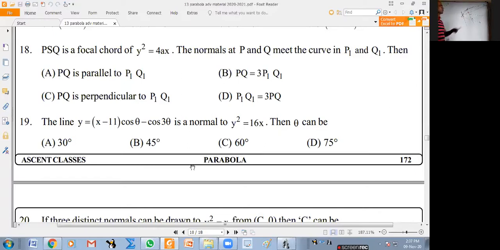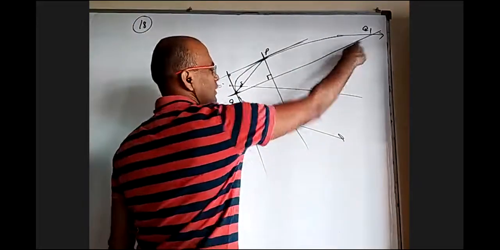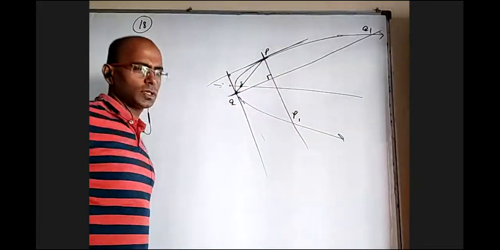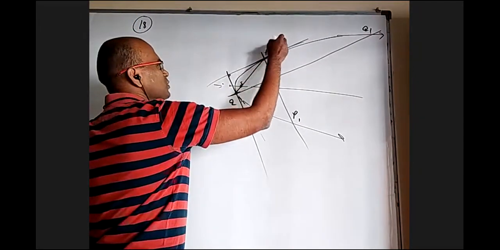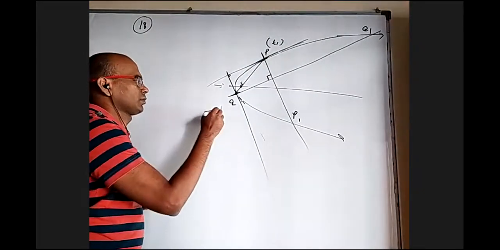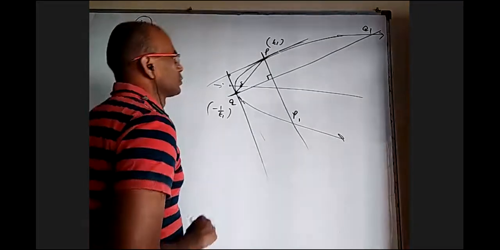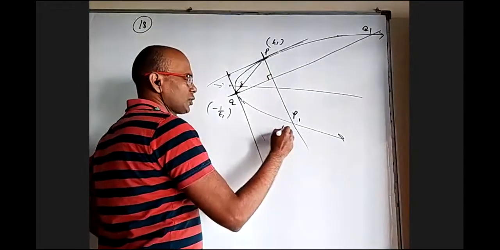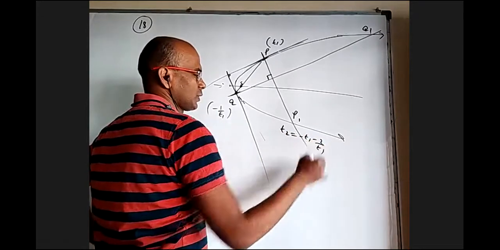They want to know whether P1Q1 is parallel to PQ and what is the length relation. So between P1 and Q1, that length versus PQ, what is the relation and are they parallel? If you take this as T1, we know this is T2, and T2 you can write as -1/T1. If the normal at T1 intersects at T2, T2 is -T1 - 2/T1.